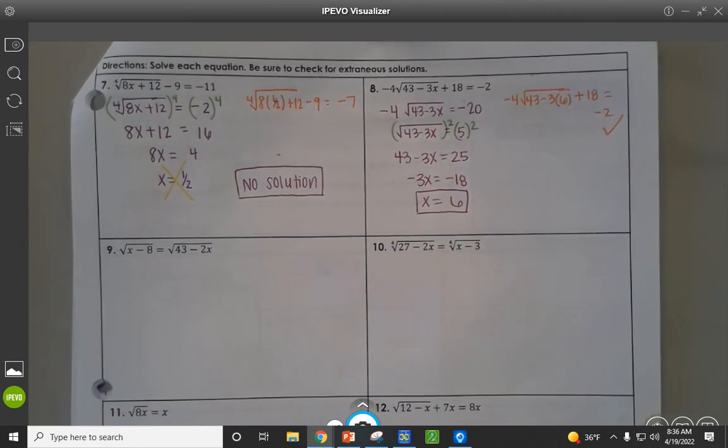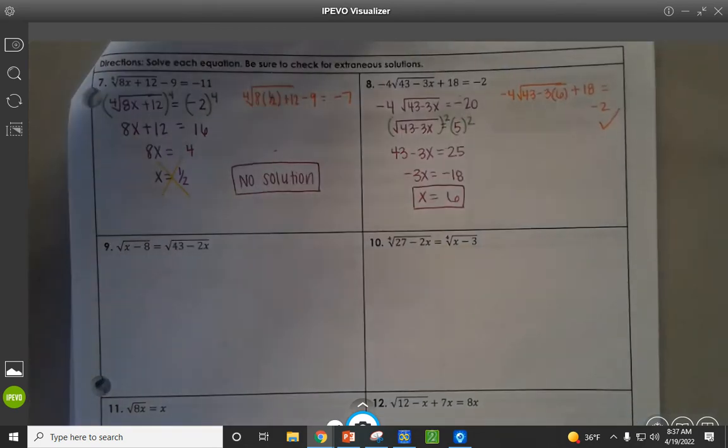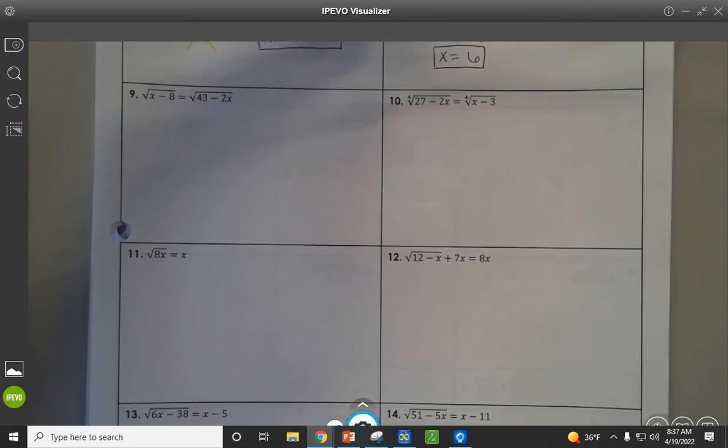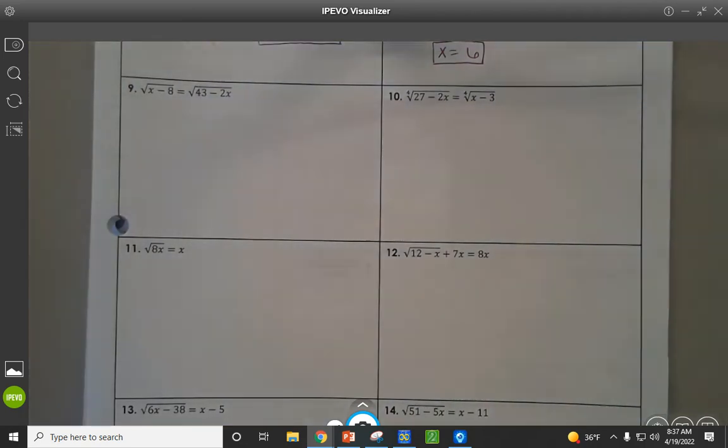All right, number 9, we have a square root equal to a square root. So we're just going to raise each side to a power of 2 from the get-go. And that gives us x minus 8 equals 43 minus 2x.